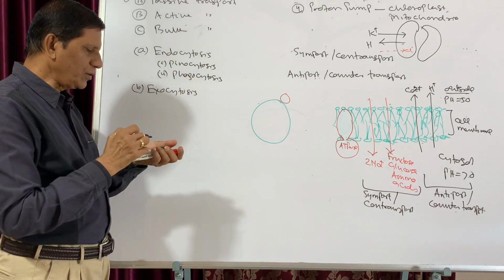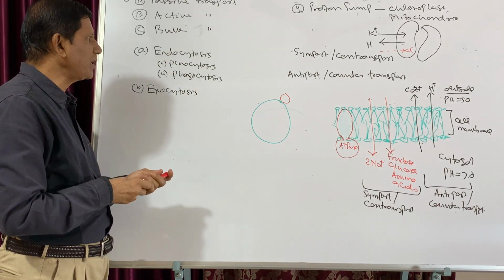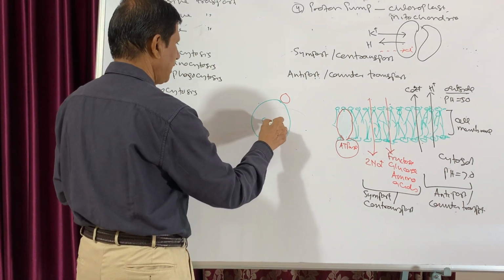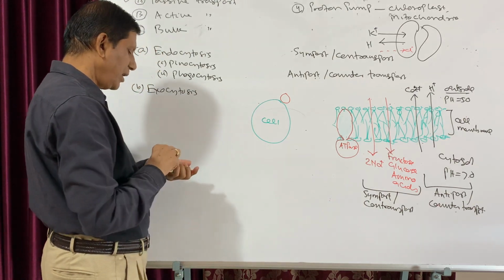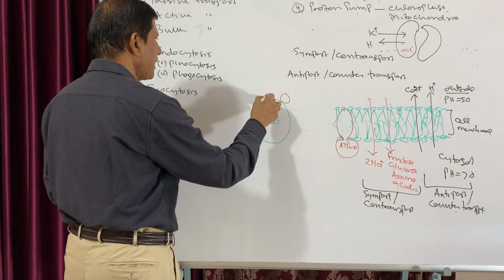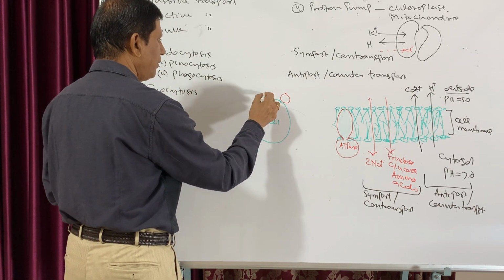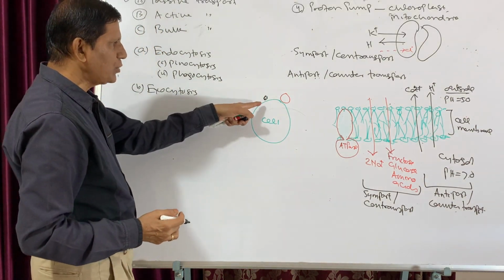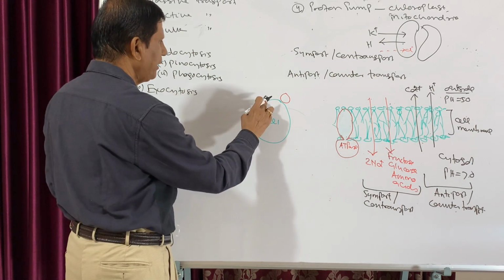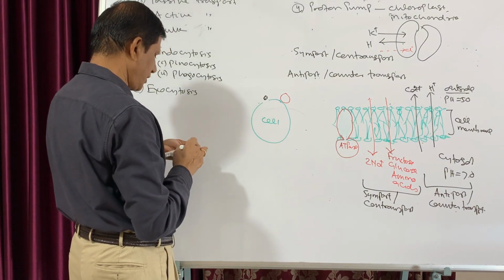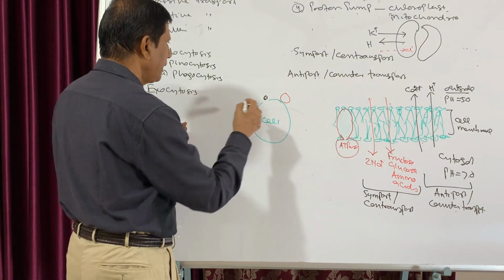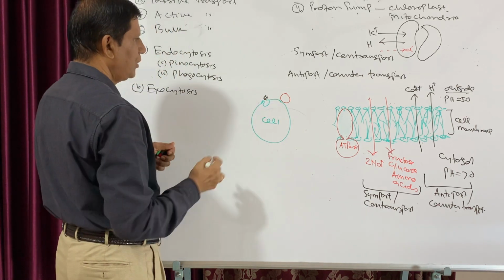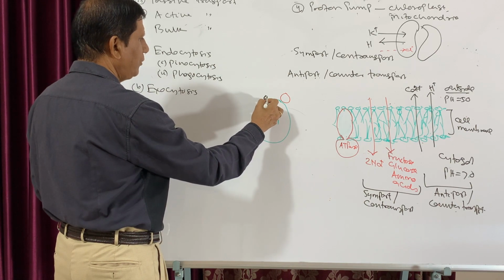Suppose this is one cell, and some liquid substances which are present in the vesicle will enter inside. So how will it enter? When it approaches the cell, it will form one vesicle-like structure, to which it will enter, and then it will be closed.